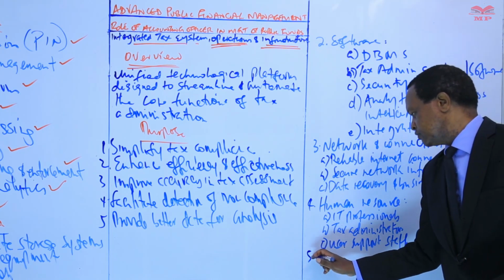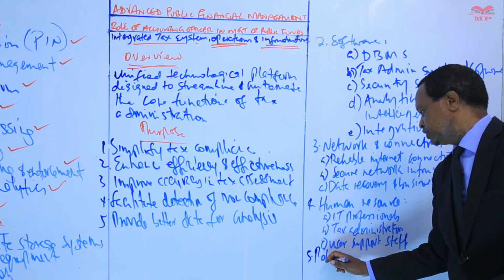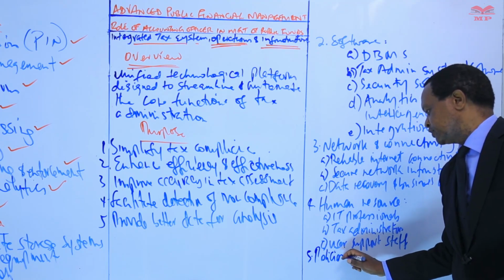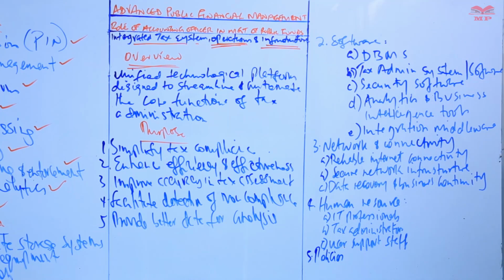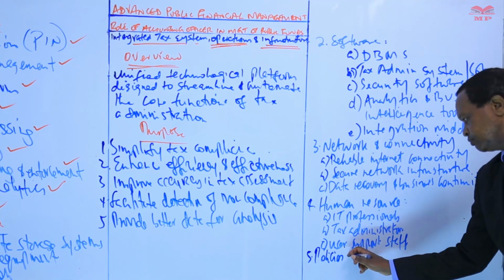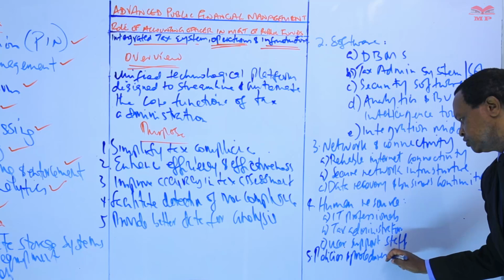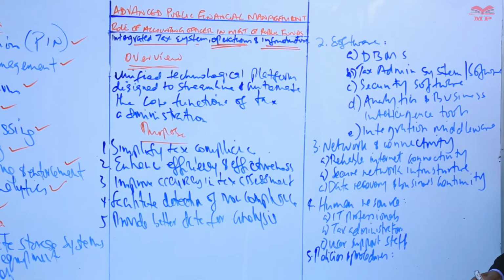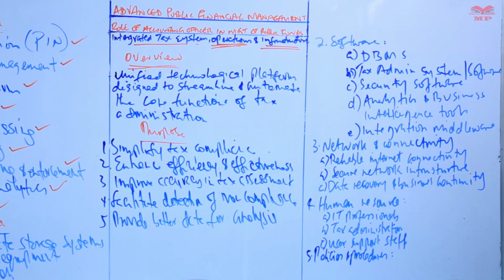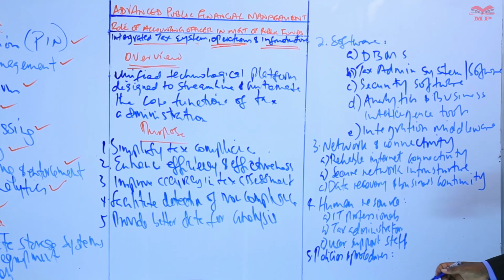Five, we have what we call policies as part of infrastructure. Policies and procedures. We may have data security and privacy policies.